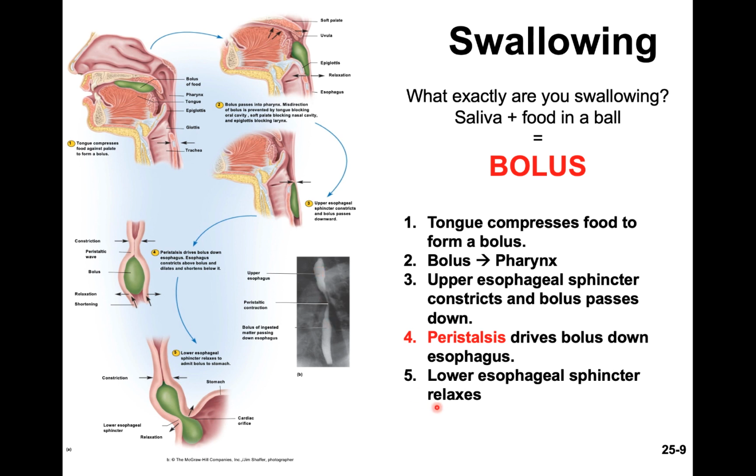Now, this is the step-by-step for how this all happens. What I want you to underline on this is upper esophageal sphincter and then lower esophageal sphincter.